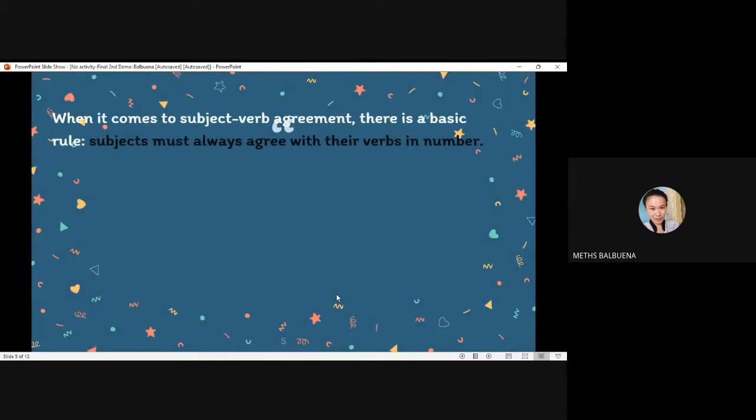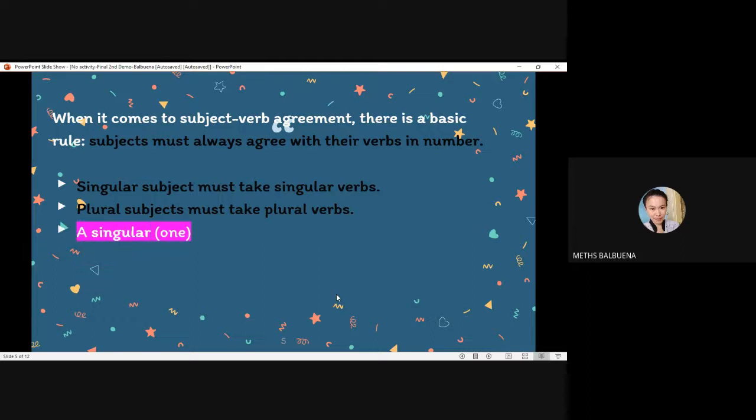When it comes to subject-verb agreement, there is a basic rule. Subjects must always agree with their verbs in number. Singular subjects must take singular verbs. Plural subjects must take plural verbs. A singular means one and a plural means more than one.